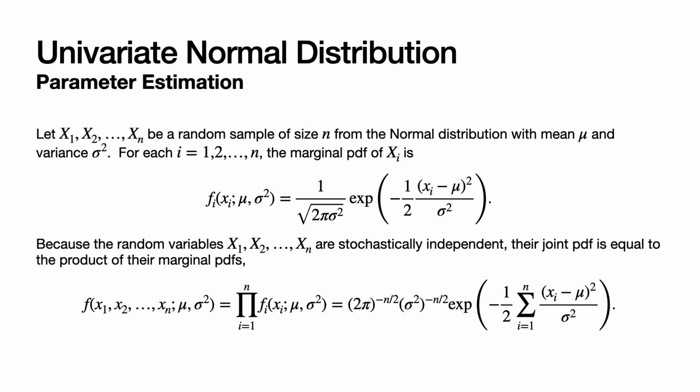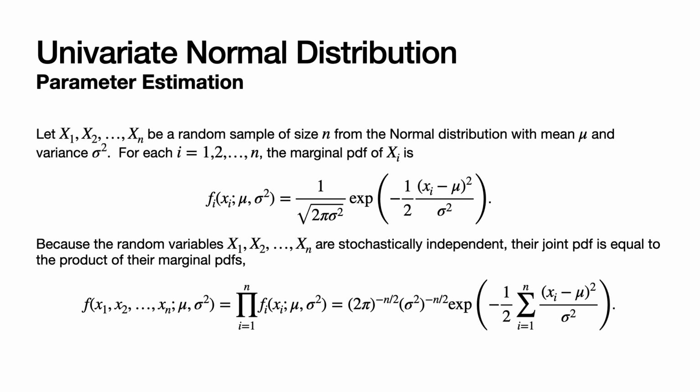That joint PDF can be expressed as the product of the marginal PDFs. So the product, i going from 1 to n, of f sub i evaluated at x sub i, semicolon, and then the parameters mu and sigma squared. When we evaluate that product, we get 2 times pi raised to the negative n over 2 power times sigma squared, also raised to the negative n over 2 power.